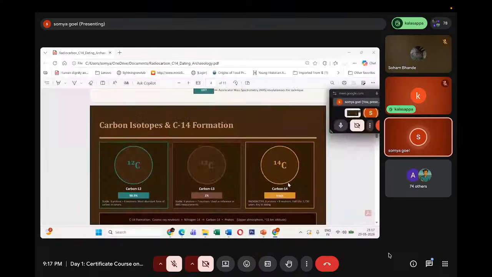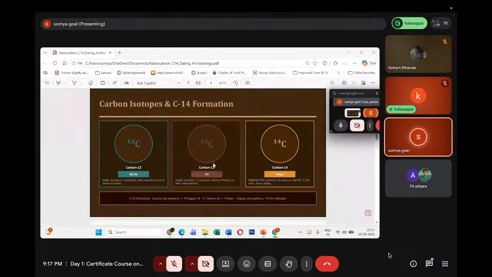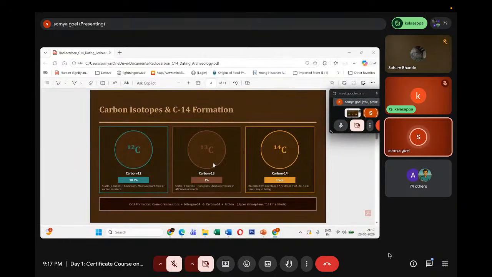Now, after introducing you a little to the history of radiocarbon dating, if you want to understand radiocarbon dating, it is also important for us to know a little bit about carbon chemistry, not too much. I'm also not a scientist, I'm not a science student either, but a little understanding of how this works, how carbon atoms are formed, and so on, would help us in understanding radiocarbon dating as a whole process.